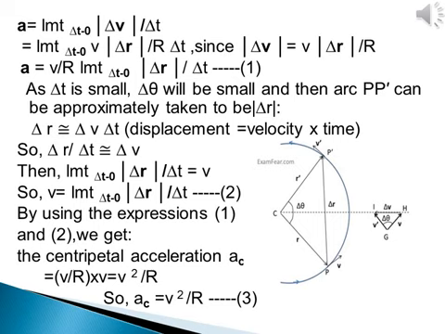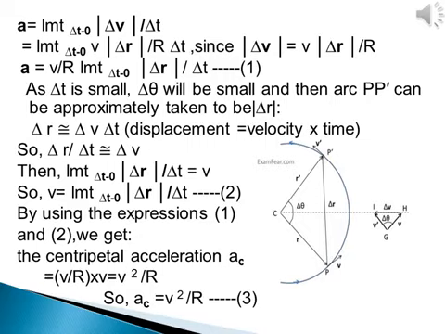So, ΔR/Δt is approximately equal to v, where v is the average velocity. Then limit Δt tends to 0 of |ΔR|/Δt is equal to v.